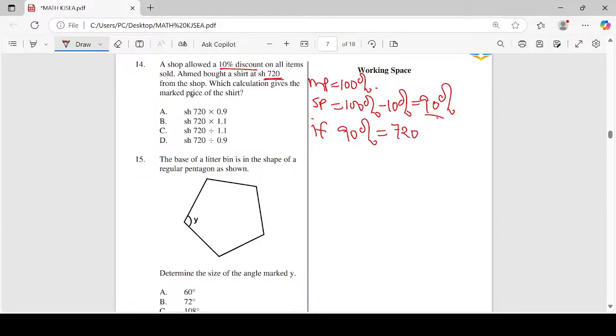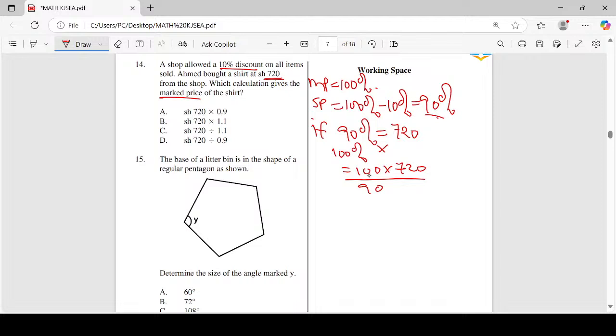What about the percentage for the marked price, which is always 100%? Then you cross multiply. This now will become 100 times 720 over 90.